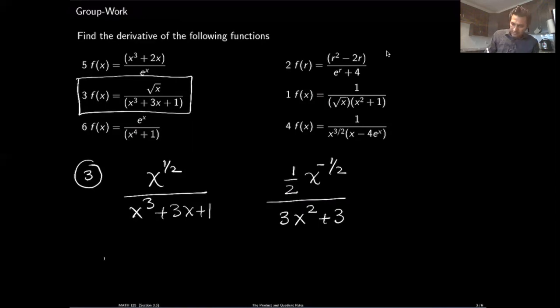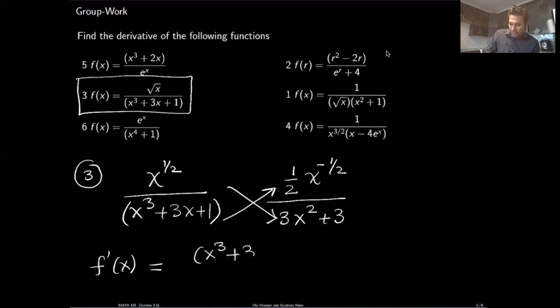And then the derivative of the quotient will come from chanting that line, which says low d high, you multiply low by the derivative of high and then you subtract high d low. So it's going to be 3x to the power 3 plus 3x plus 1.